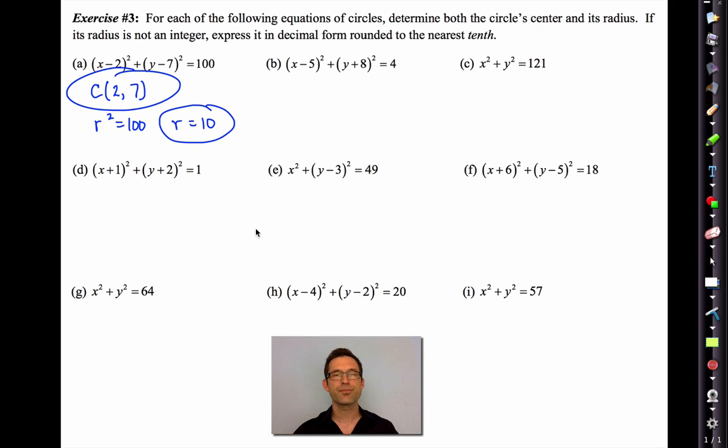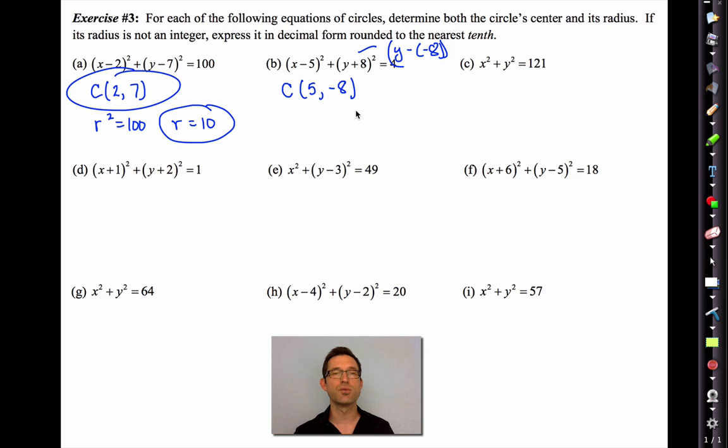That's it. Now let's take a look at letter B, because this one's just a bit different. The center is at 5, must be -8, right? It's always going to be x or y minus something. So if we see an addition there, we must have subtracted off a negative.